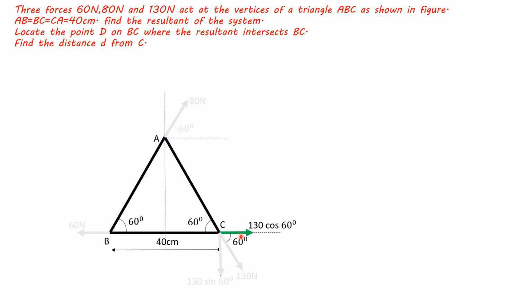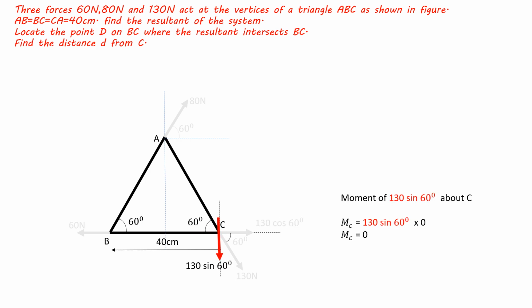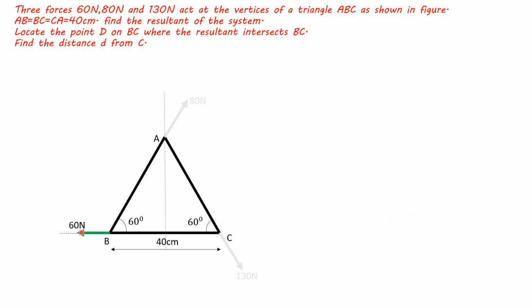This force will pass through point C, and it will have zero moment about C, and this force also passing through point C will have zero moment about point C.